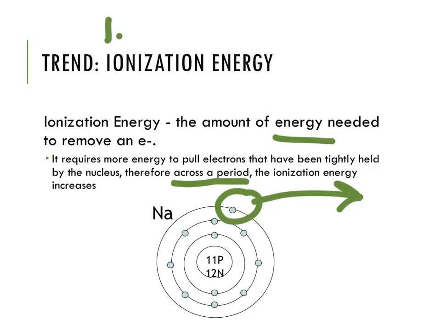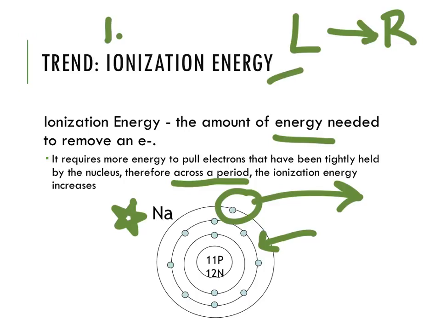Whereas something like sodium, which if we remove that one electron, has a full valence in the shell below, it won't take as much energy to pluck off that electron. It will more readily give it up, so its ionization energy will be low. So overall, the trend is as we go from left to right on the periodic table, ionization energy will increase.